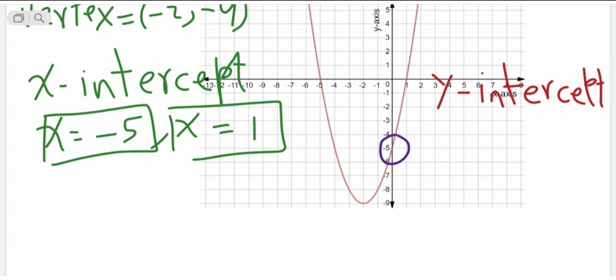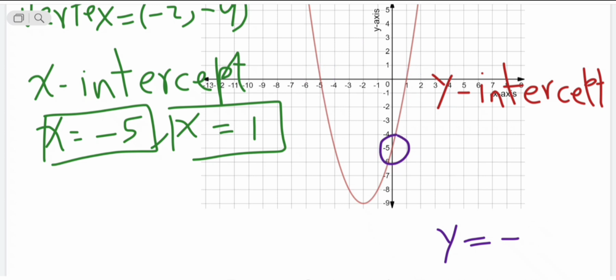It crosses the y-axis at this point, so the y-intercept is -5. I hope you understand the things we studied: the vertex, the maximum or minimum point, or the turning point, then the line of symmetry, which divides the graph into two equal parts, x-intercept and y-intercept.